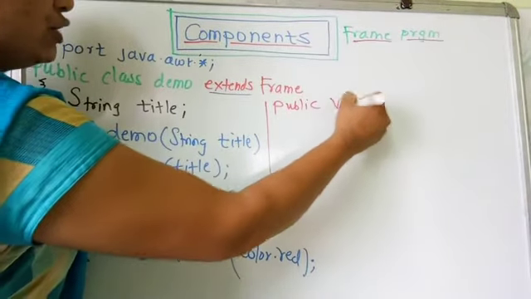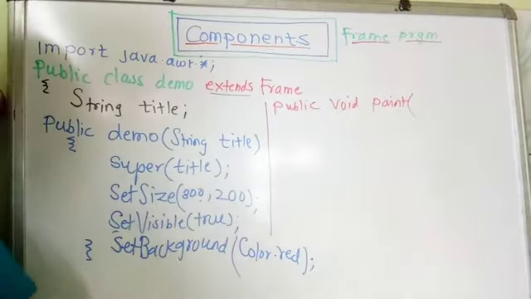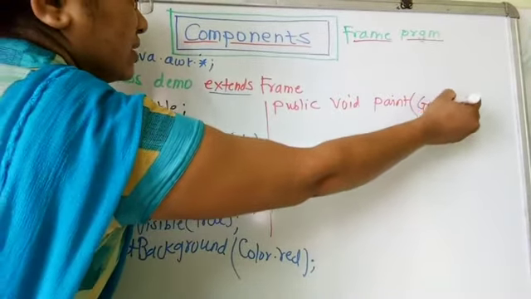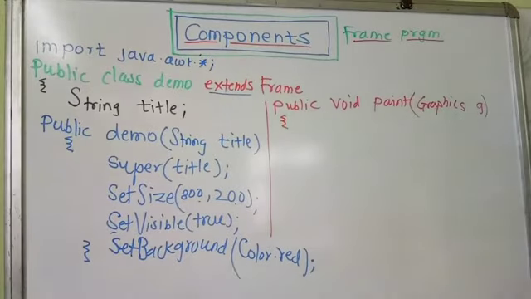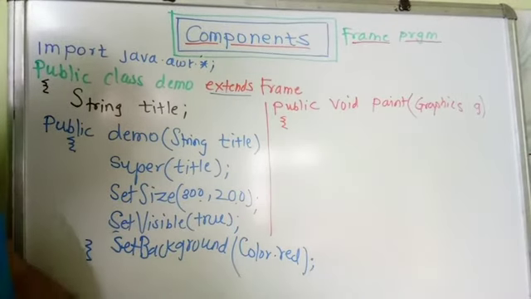It is not a standard method, but we are creating it for our own purpose, and we will pass the Graphics type g to it. As we all know, capital G and Graphics, this Graphics is a standard class used to display different graphical features. Which are they? We will see in the next videos.